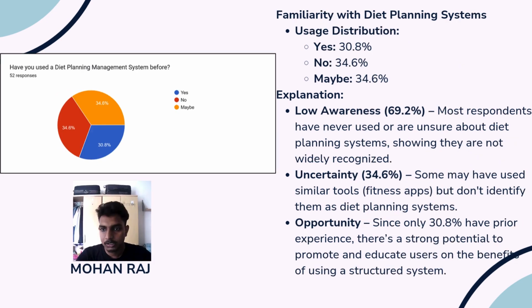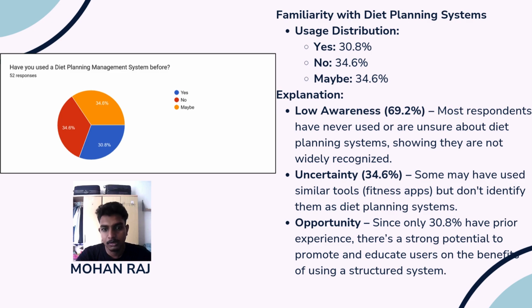So the third question was, have you used a diet planning management system before? For this question, 30.8% said yes, 34.6% said no, and 34.6% said maybe. So from the answers, we can note that 69.2% have low awareness about this. Most respondents have never used a diet planning management system, showing they are not widely recognized.